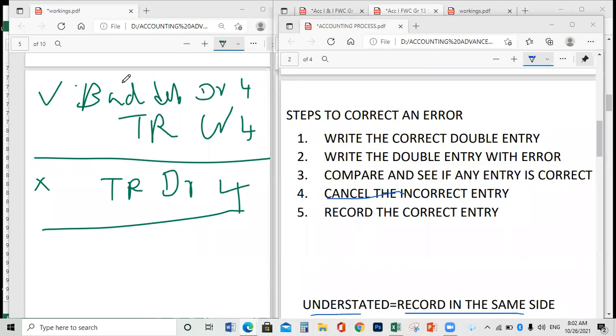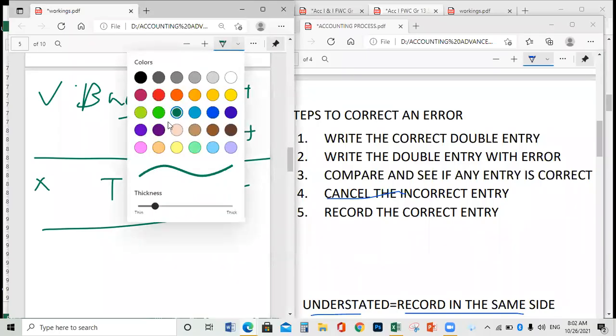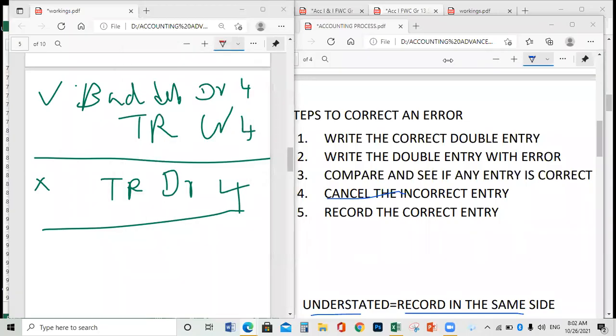Compare and see if anything is correct. Guys, is there anything which is correct here? No, nothing is correct. Trade receivable has been debited. It should be credited, guys. So nothing is correct. Then go to the next step.